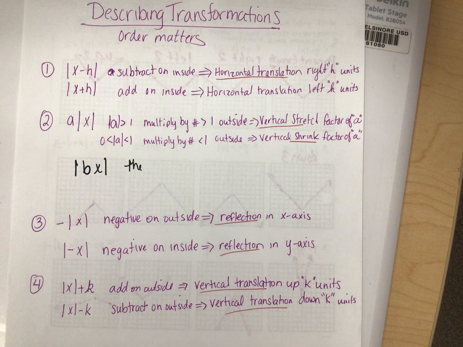The factor a from above is 1 over b, so the reciprocal. So to identify the factor, we look at the reciprocal of b, which is the number that's getting multiplied inside the function. And then it's the same thing.